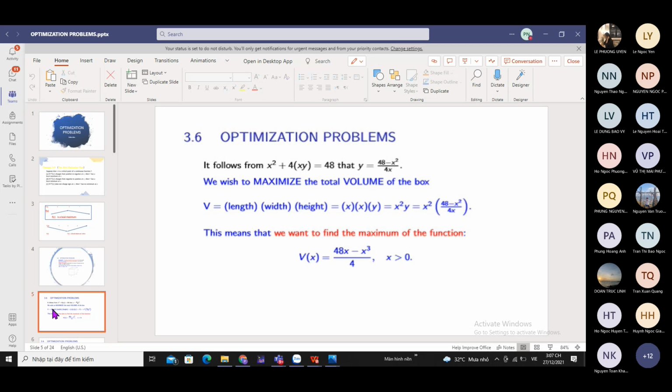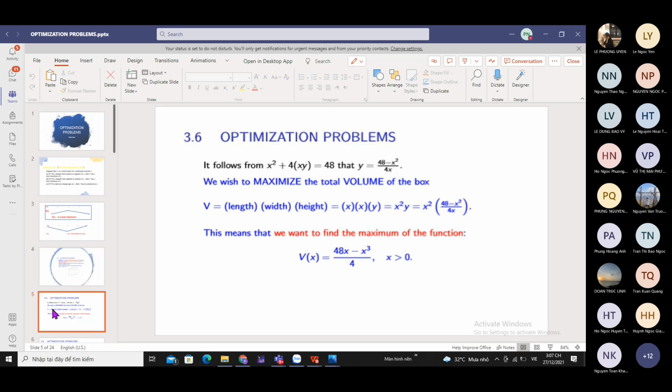And from the equation x squared plus 4xy equals 48, you have got y equals (48 minus x squared) over 4x. And that's why V now becomes x squared times (48 minus x squared) over 4x. And now we just find the maximum value of the function V as a function of x, a function of one variable only.